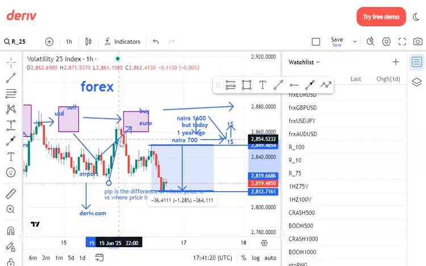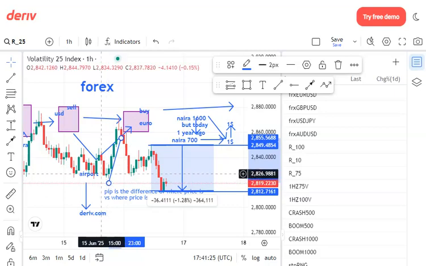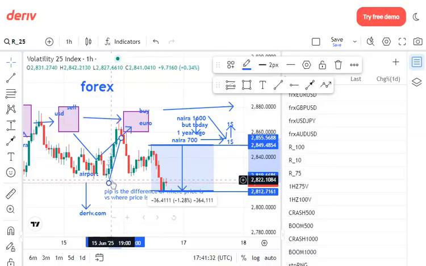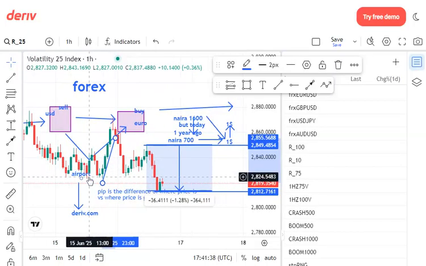All of these candles tell us where the market was and where it is going. This is a 1 hour chart, right? A 1 hour chart has something to tell us about the market, a 1 day chart has something to tell us, and a 1 year chart also has something to tell us.